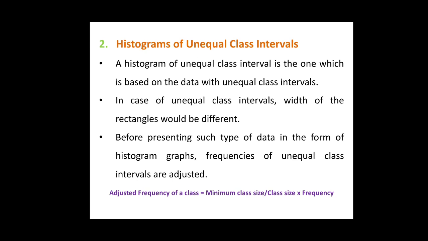Students, frequencies of unequal class intervals can be adjusted with the help of the formula given here, that is, adjusted frequency of a class is equal to minimum class size divided by class size of the concerned class multiplied by frequency of the concerned class.